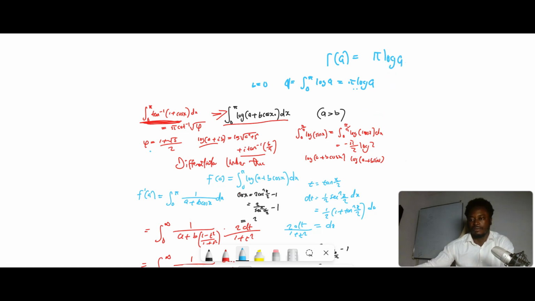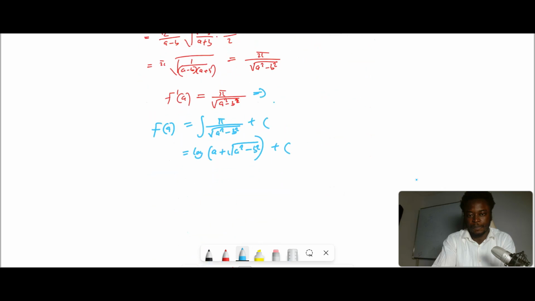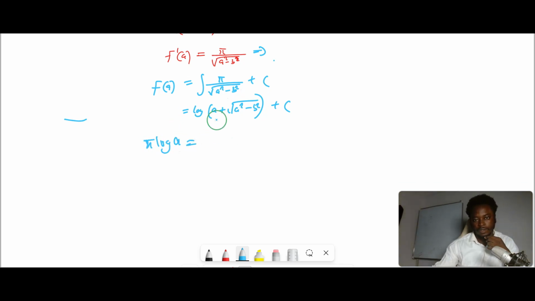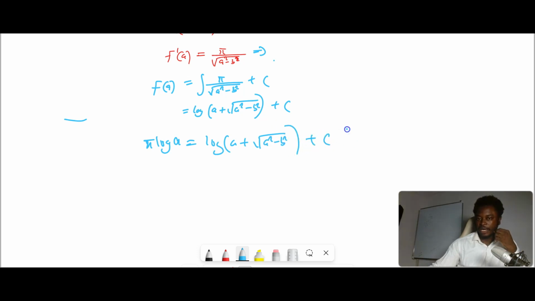So now let's see if we can match the constants. Let's set pi log a equal to pi times the logarithm of a plus the square root of a squared minus b squared, plus c, at b equals 0.